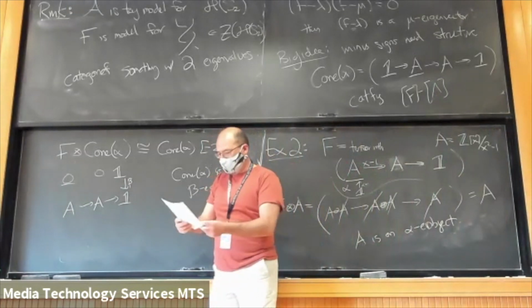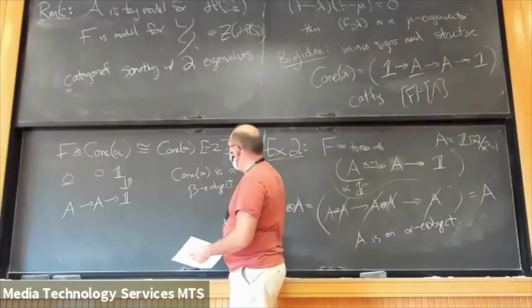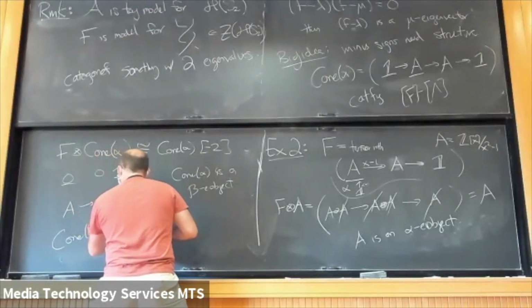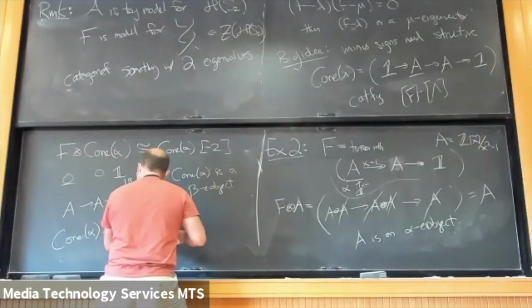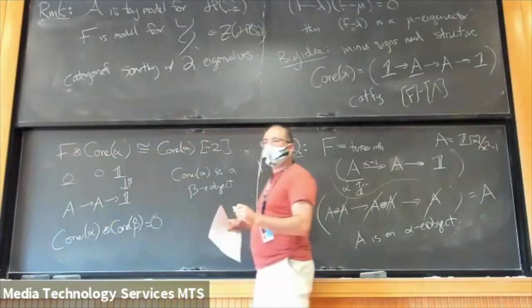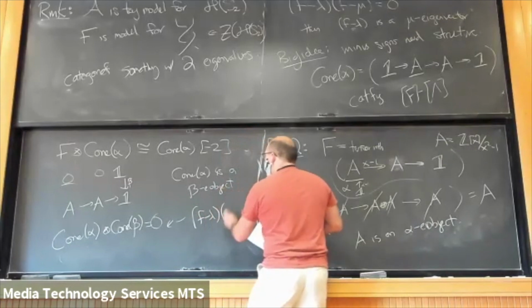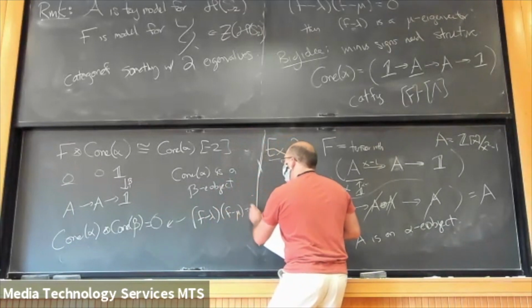Okay. So finally, you can then confirm that cone of alpha tensor cone of beta is 0. And this is what categorifies (f minus lambda)(f minus mu) is 0.